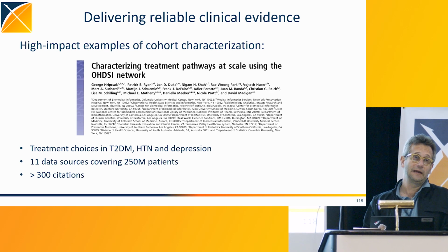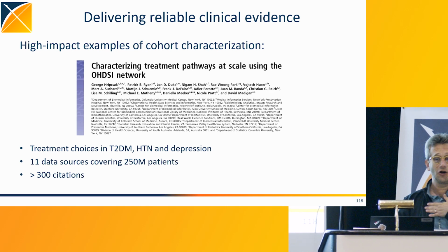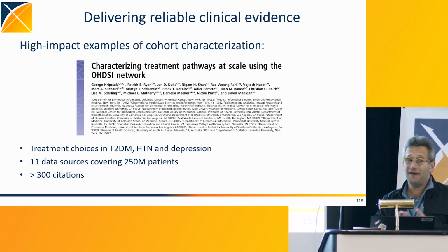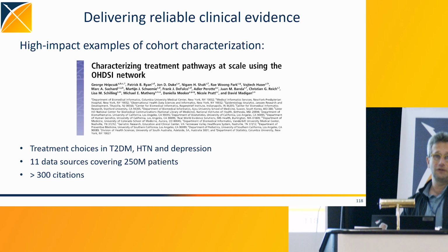Now, in spite of that rather negative statement that the vast majority of that 600 are things that aren't of interest to me, we have had a small number of very high impact examples of delivering reliable clinical evidence.